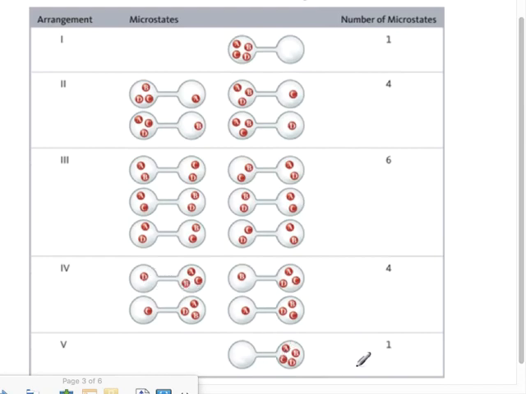So let's act like we have a deck of cards, and every single microstate has its own card. If we shuffled the cards and drew them randomly, it would be most likely that we would pick a card that has 2 on each side, and it would be the least likely for it to be completely on the left side or completely on the right side.